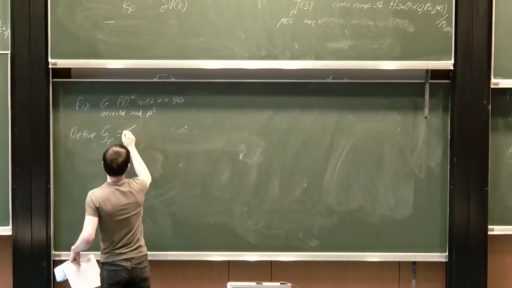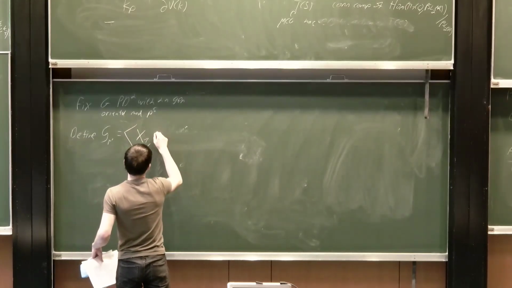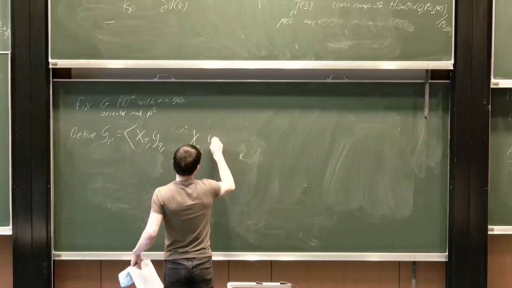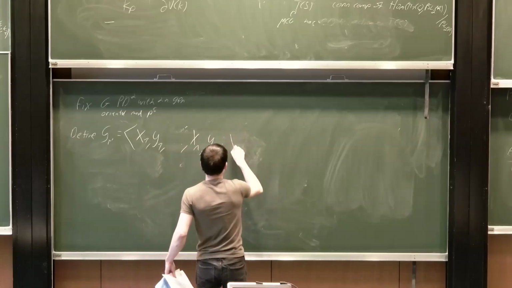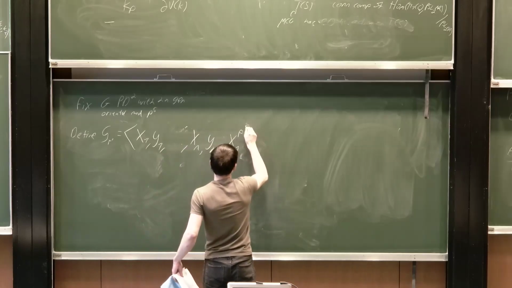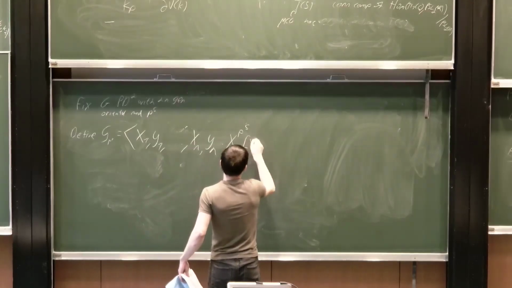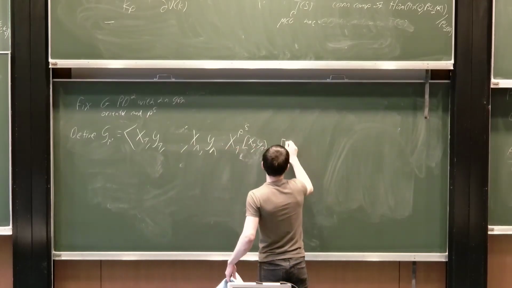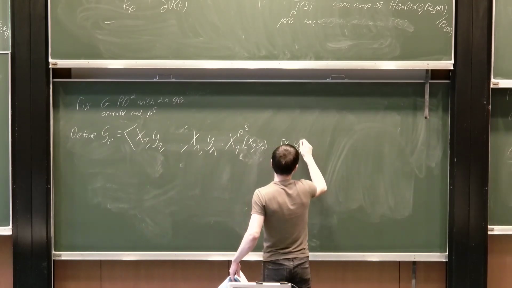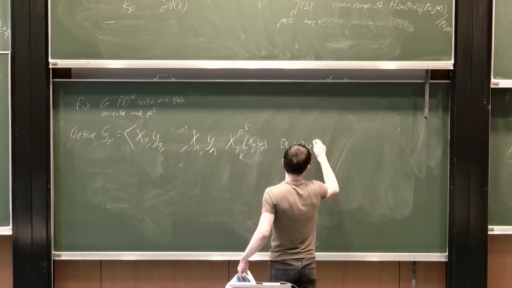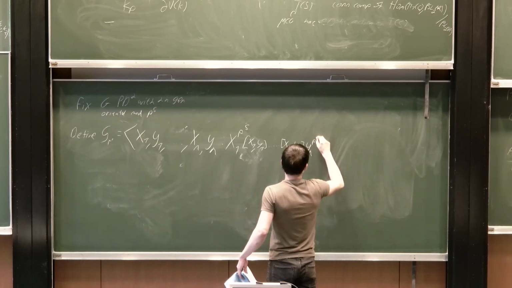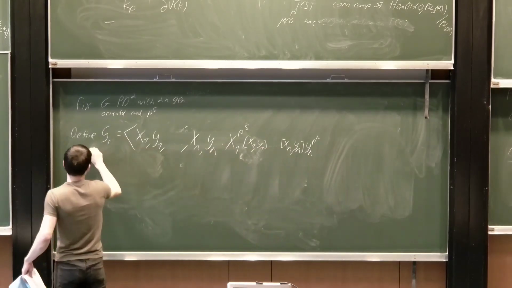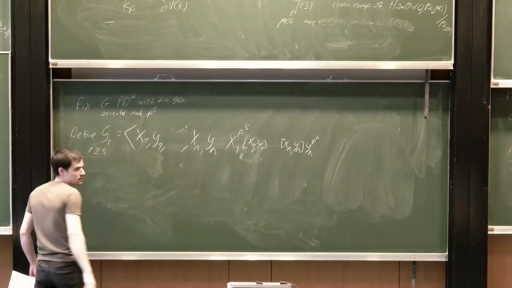So this is the group generated by x_1, y_1, through x_n and y_n, with the following relation: x_1^(p^s), where here r is greater or equal to s.